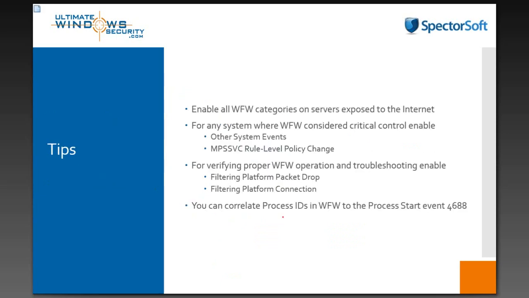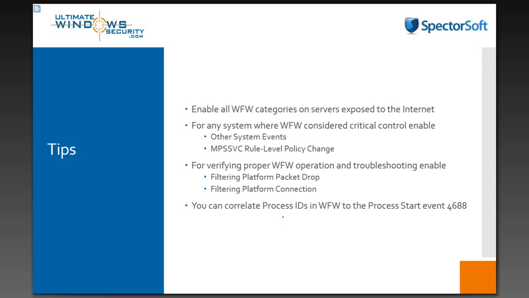Now, what about systems where your firewall is considered a critical control? Then we definitely want to turn on other system events and the MPS category, because that's what's going to allow us to monitor the health and status and configuration changes of Windows Firewall.